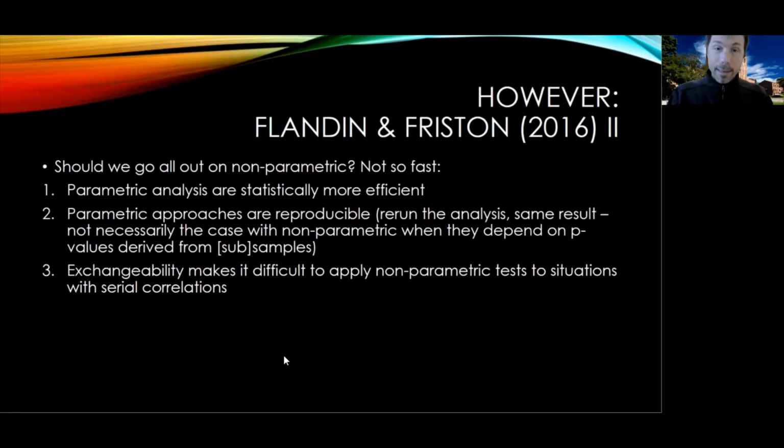Now, on top of it, and this point will come again in the last piece that I want to show in this lecture, exchangeability. For exchangeability to hold, you need to have no covariance between your observations. And there are cases where you get serial correlation.